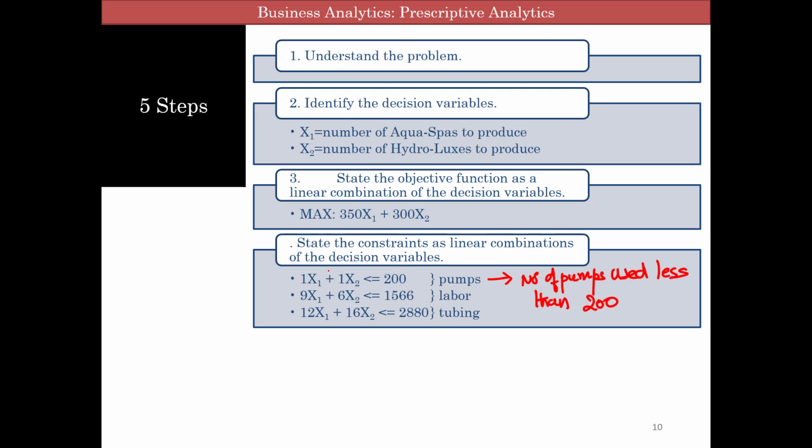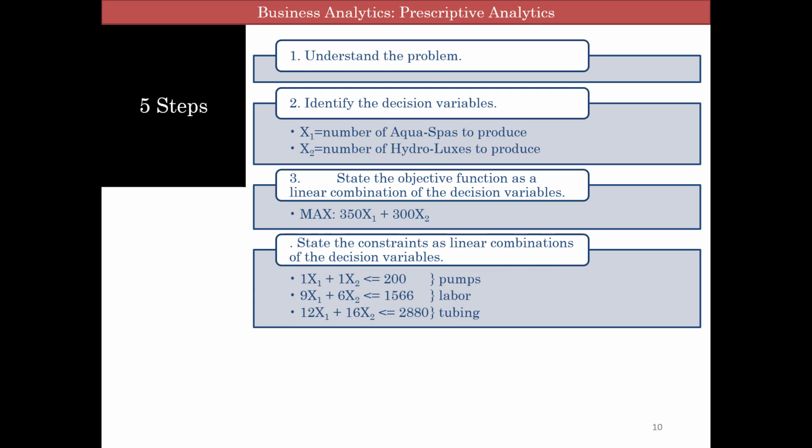And how do you know this gives you number of pumps? Well, if you're going to produce 100 Aquaspas, you're going to use 100 pumps. If you produce 200 Aquaspas, you're going to use 200 pumps. So when you produce X1 Aquaspas, you are going to use X1 pumps. Similarly, you're going to produce X2 Hydroluxes, you're going to use X2 pumps, right? So here is number of pumps is less than 200.